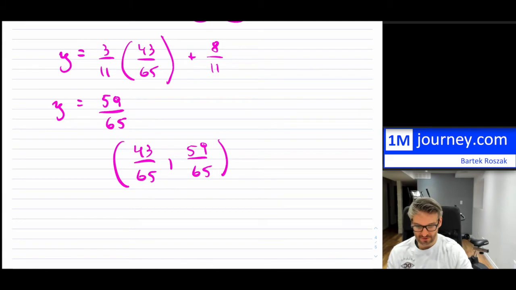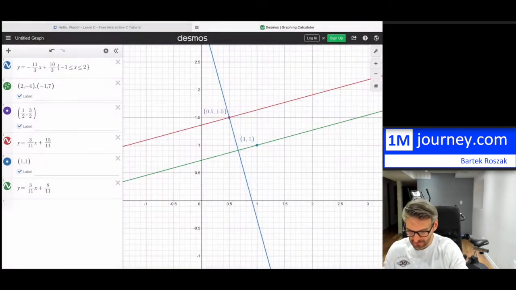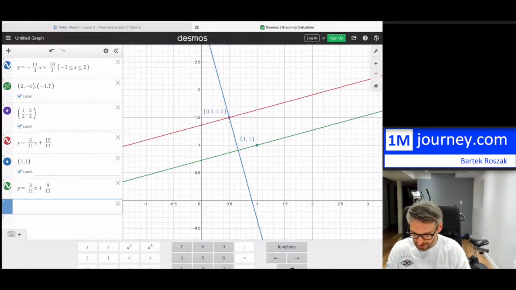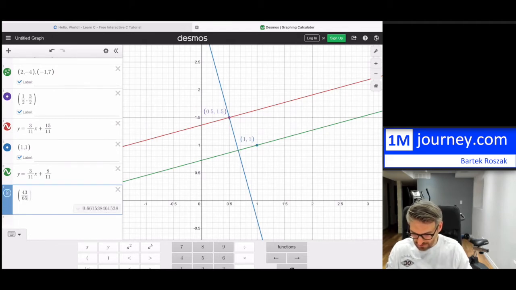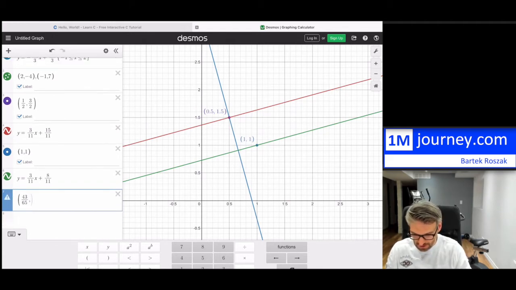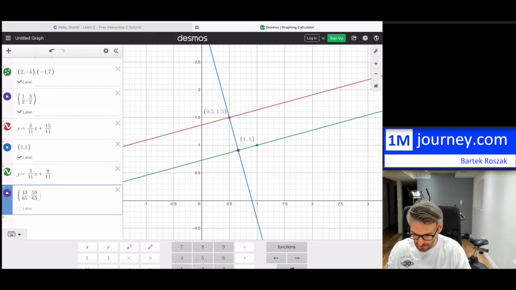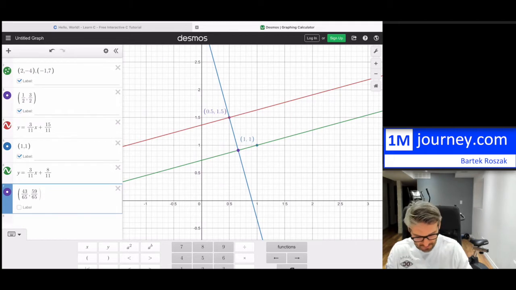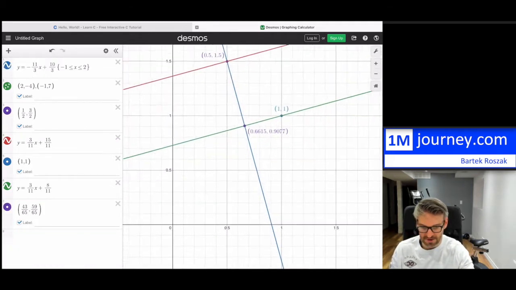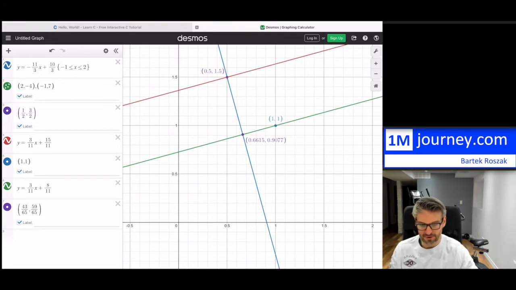So it's going to be 43 over 65 and 59 over 65. Let's plot it here. Label it. Okay, so there you go. So notice that's exactly that point of intersection that we have there.